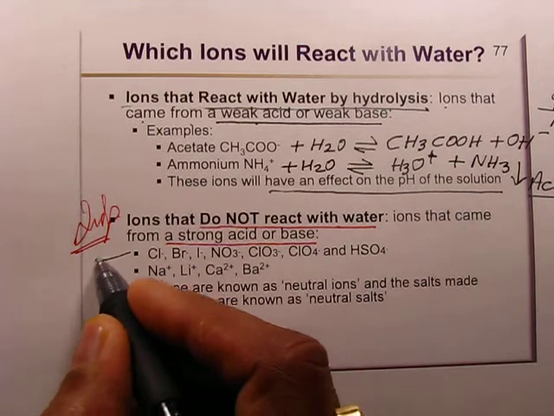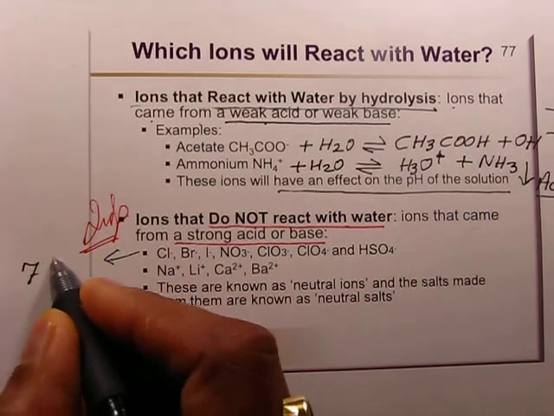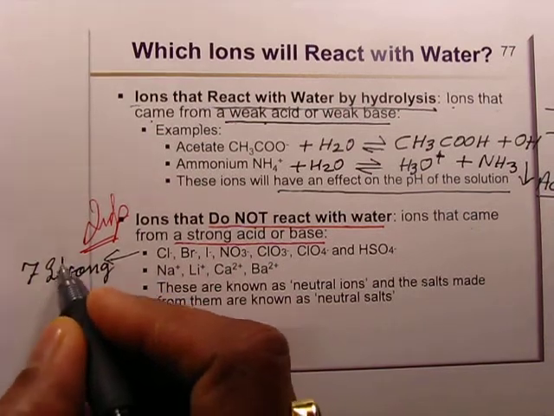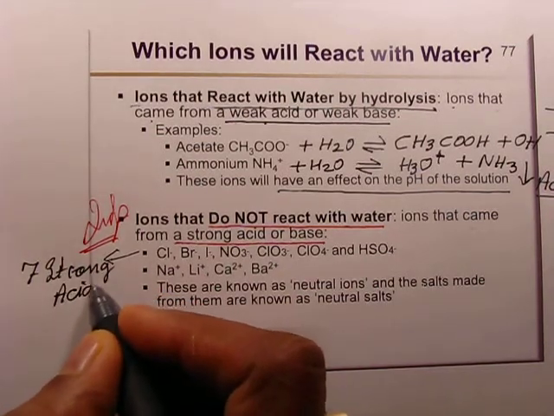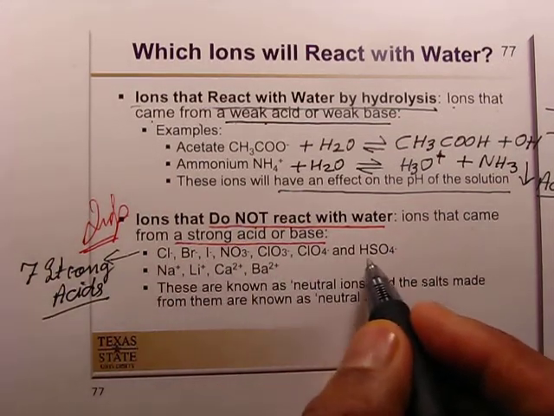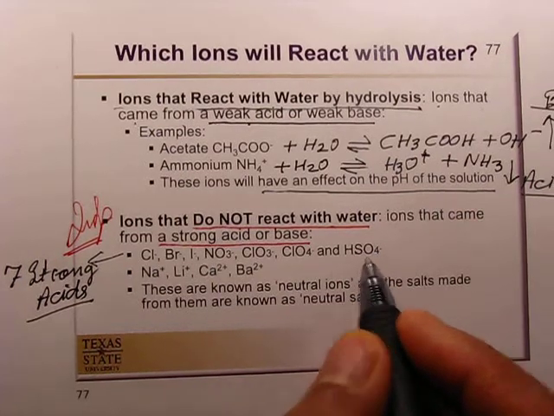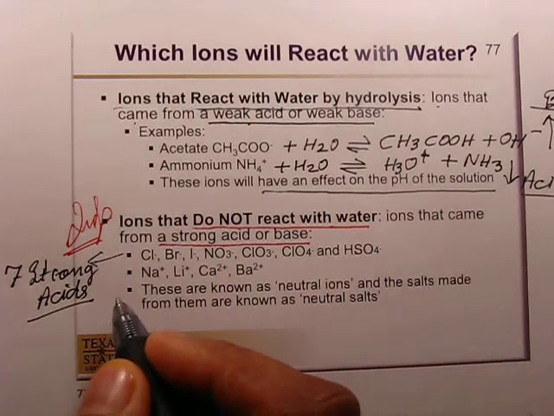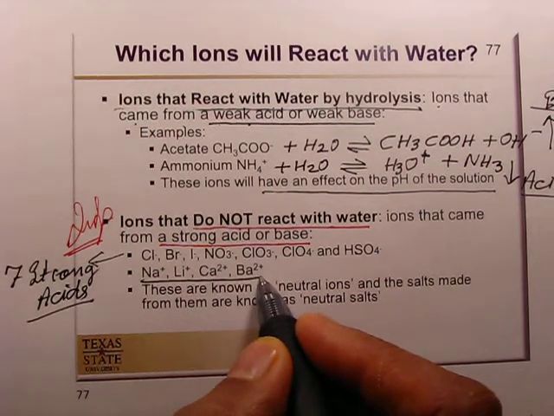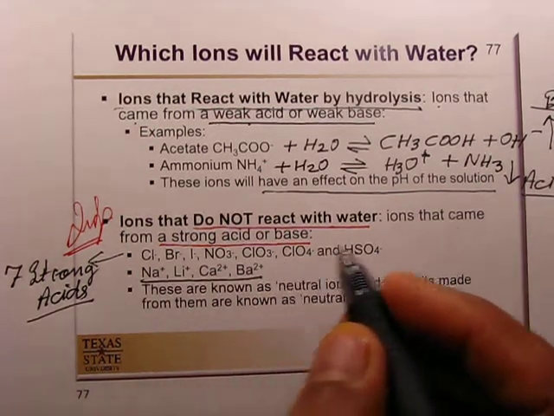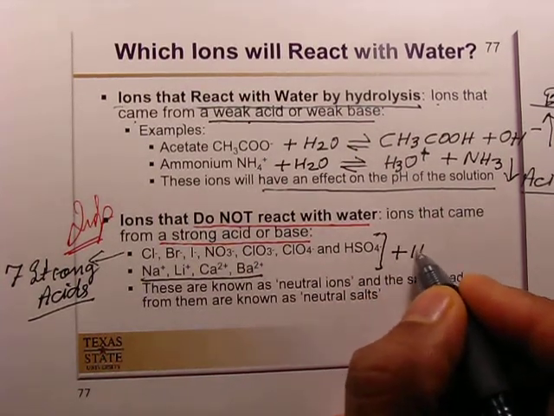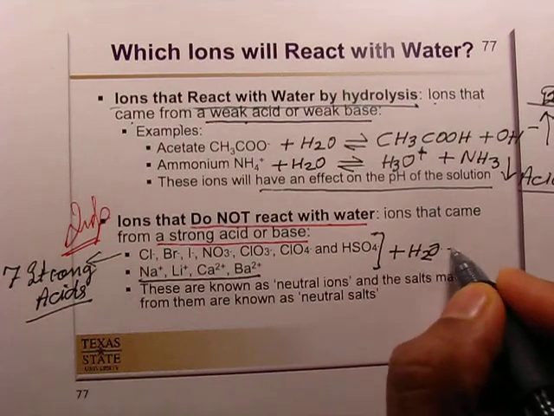If you remember, there are 7 strong acids, and if you ionize them, these anions will come, and these anions do not react with the water. Another thing, sodium, lithium, calcium and barium also do not react with the water. So plus water, no reaction.